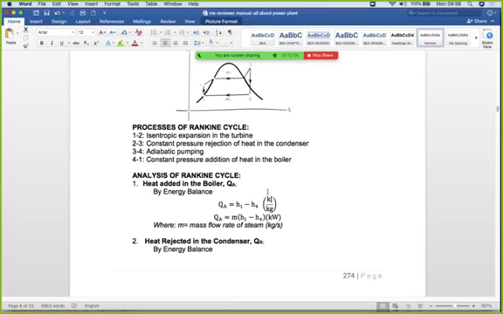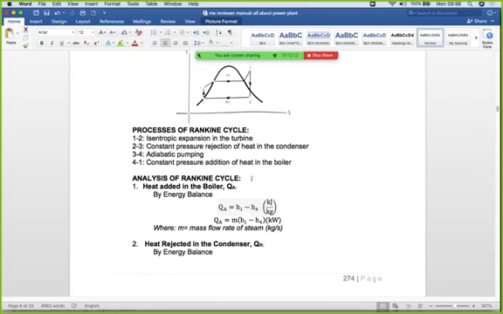Of course, H1 is higher than H4, so you have the difference H1 minus H4. So that's the heat added. This is the area of the heat addition, which happens here: constant pressure addition of heat in the boiler.